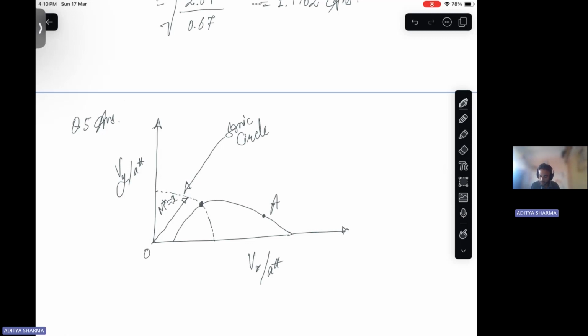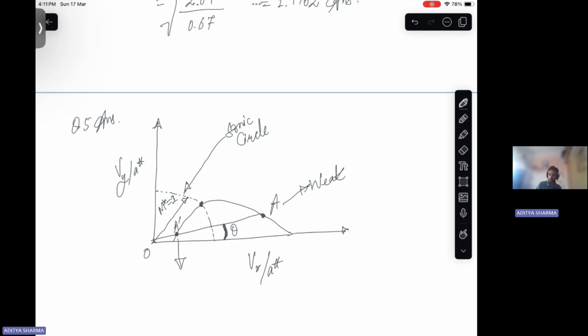So if we draw from origin a line, this line cuts the shock polar at A dash and A. And in these 2 points, A corresponds to the weak solution, right?